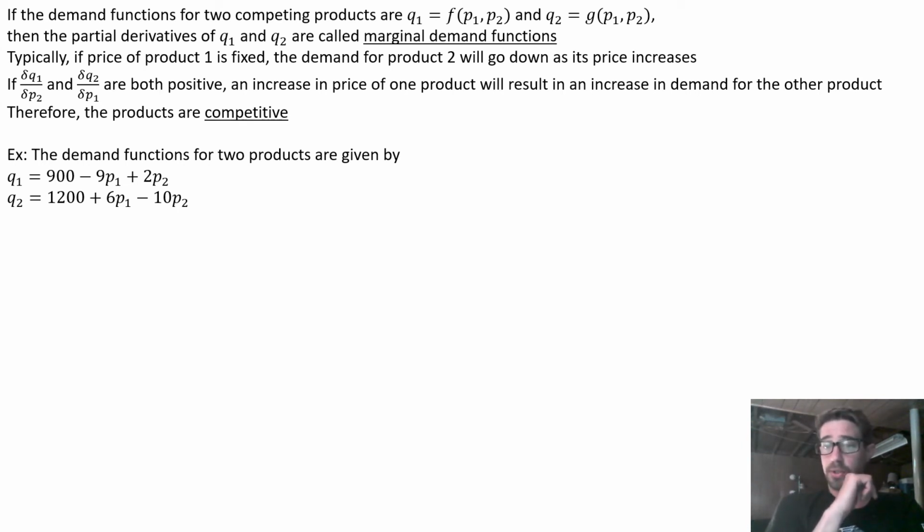So we're just going to do some math and find out if these two products are in fact competitive. They're obviously related because their demand involves the prices for both of them, right? So this is like Toyotas versus Hondas or something. If Hondas got really expensive, you'd probably sell more Toyotas. So we're just going to pick this apart and look at it.